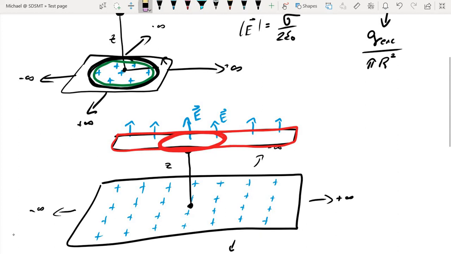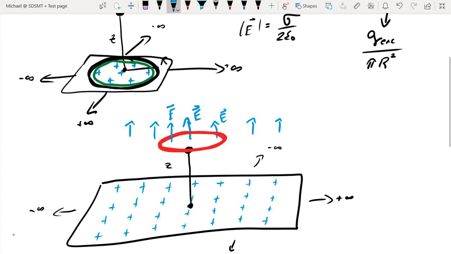So even though I'm not using the entire area, if I scaled it down to a disk, well, every point on the surface of that disk is going to see the same electric field magnitude passing through it. So we can use that. That's not a problem.